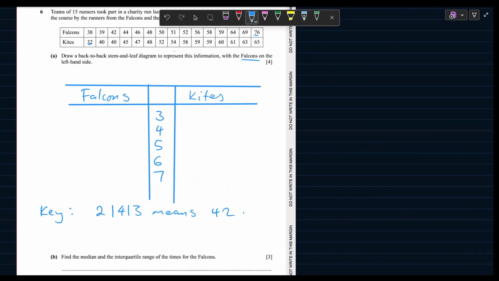Minutes. 42 minutes for the Falcons. Let me extend this so that it doesn't look like 41. Okay. So that's 42 for the Falcons and 43 minutes for the Kites.